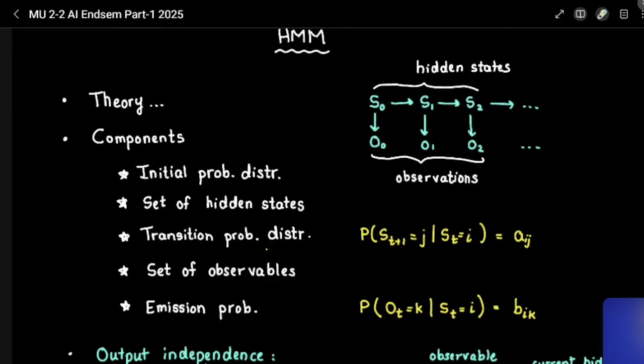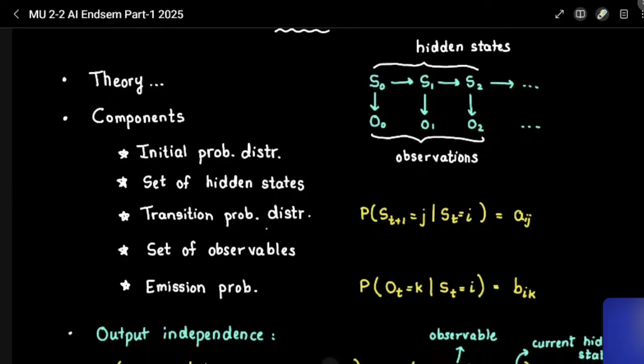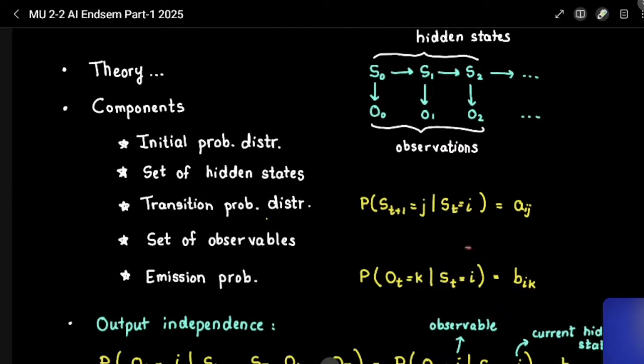If you look at the notations here, for the transition probability, at time t you are at state i, and at the next time interval you are at state j. So you're transitioning from state i to state j. That's a_ij, the transition probability. For the emission probability, given that at time t you're in state i, what is the observation made?